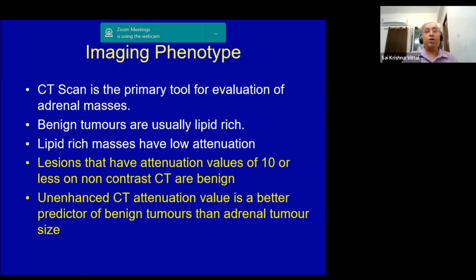Lesions that have attenuation values of 10 or less on non-contrast CT are usually benign. Unenhanced CT attenuation value is a better predictor of benign tumors than adrenal tumor size.